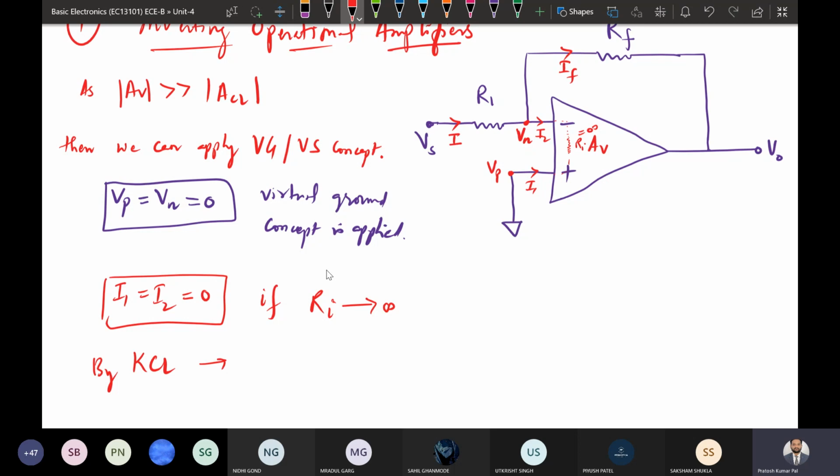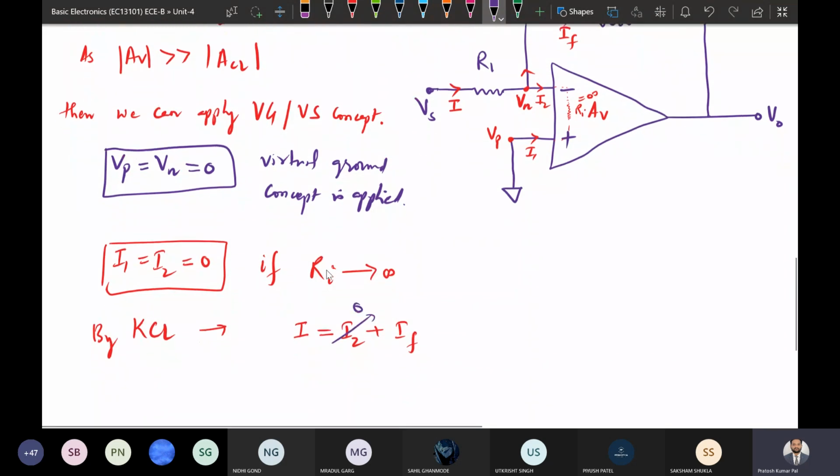By KCL, the input current I at this node will be equal to the two currents going out. One is I2 going inside and another one is IF. But I2 we have just seen is equal to 0.